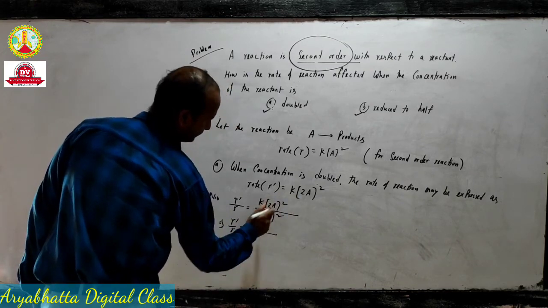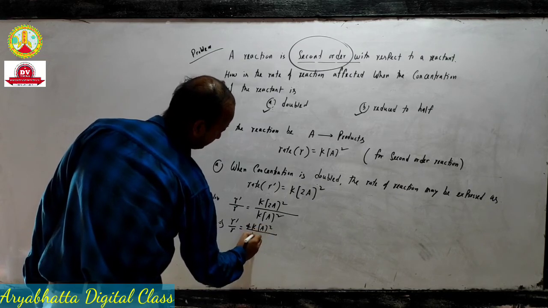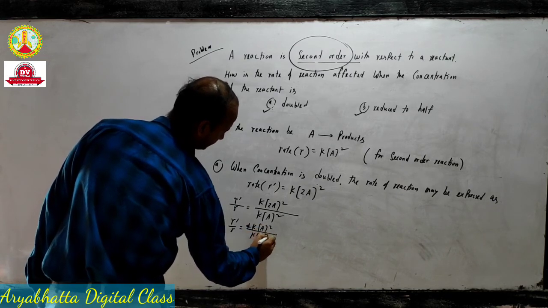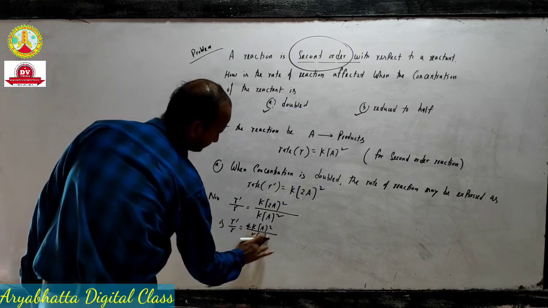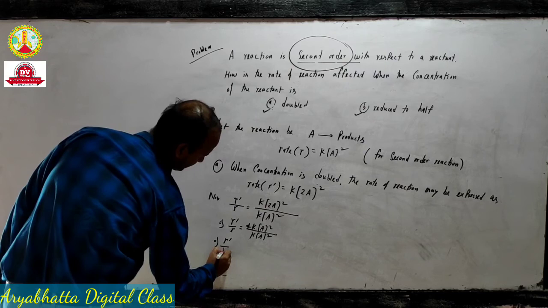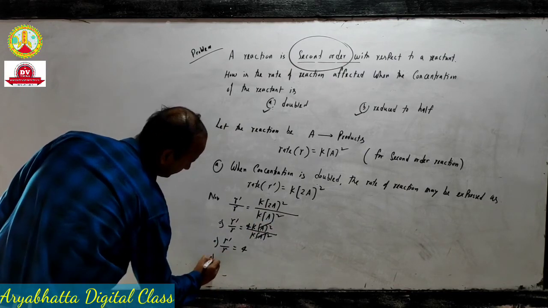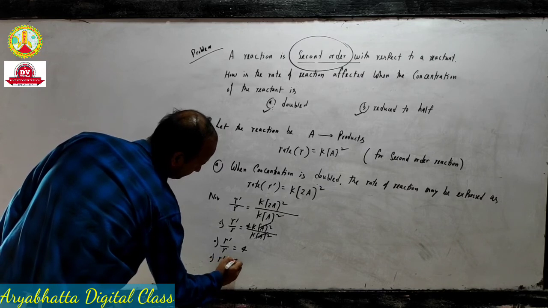The remaining part is K A square by K A square. After solving, you will get R dash by R equal to 4. This part will be cancelled. So remaining is R dash equal to 4R.